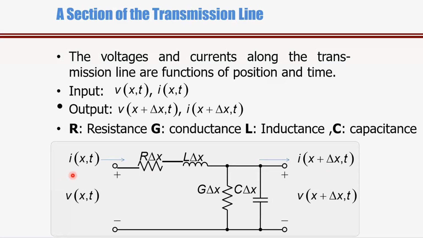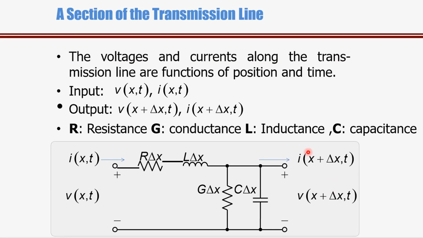So if I call V at the sending end V in bracket x comma t, then at the receiving end I will call that V as V in bracket x plus delta x comma t, because x has been changed by delta x.